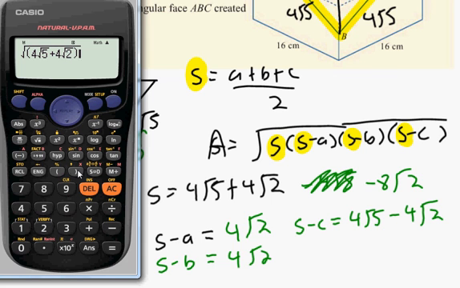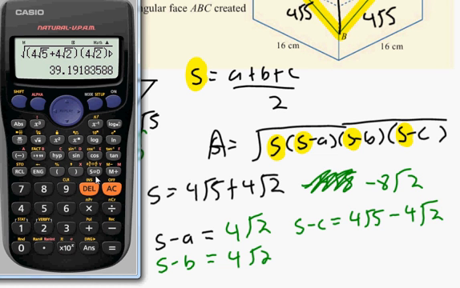What's S minus A? S minus B. And finally, S minus C, 4 root 5. And we're hoping that it'll come out as 16 root 6 or 39.19. There you go. On the money.